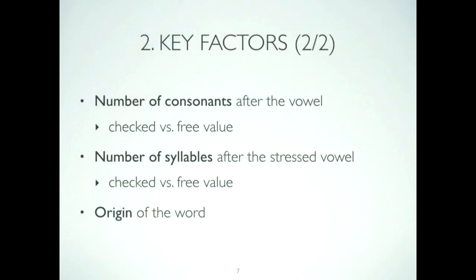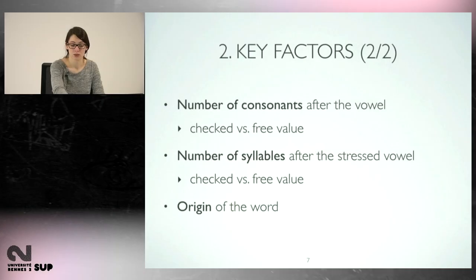And finally, the origin of the word might give you interesting insight as well into the type of free value that you're going to have. If you remember one of the words that I gave you in the exercise in the section on the vowel I, you will probably have seen that most of the time the I vowel, when it's free, that is when it's long, is realized as /aɪ/.